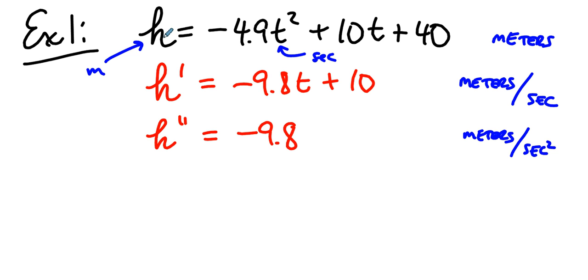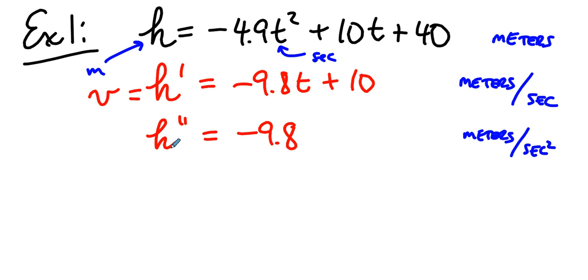If h is a function that measures height in meters, then h prime measures how the height is changing over time. H prime is a velocity function, and it's measured in meters per second.